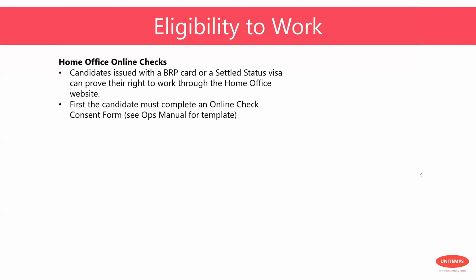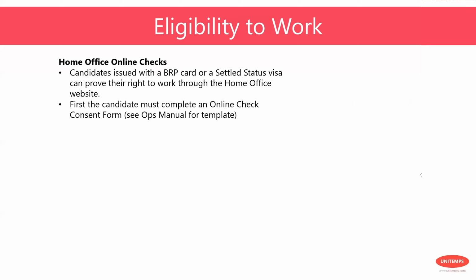Right, so now another type of check, which used to be quite unusual, but we've now started to have to do quite a lot because of some of the difficulties of working remotely. Home Office online checks.